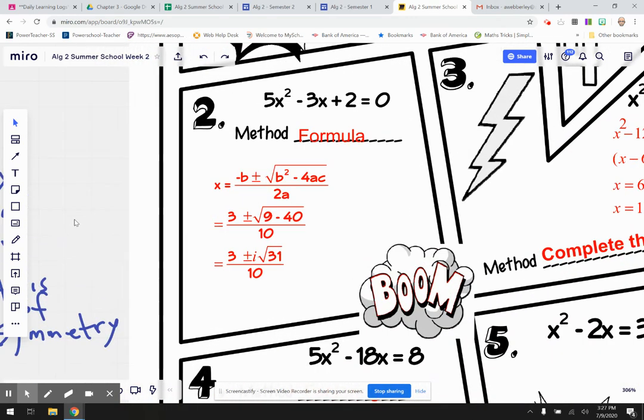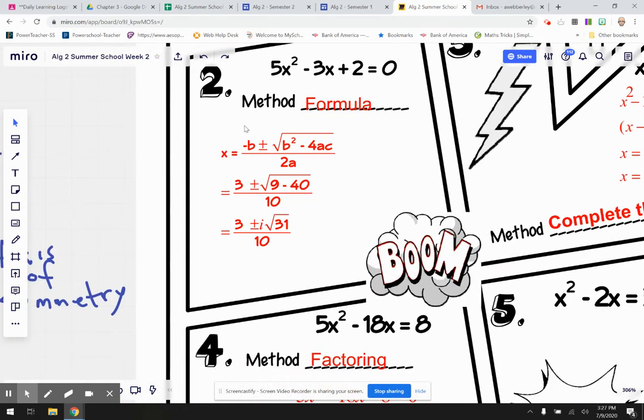Second one, they used the quadratic formula. So they rewrote the quadratic formula. Okay, and then you have a is 5, b is negative 3, and c is 2. And so they plugged in opposite of negative 3 is positive 3 right there. And then b squared is 9, because negative 3 squared is 9.